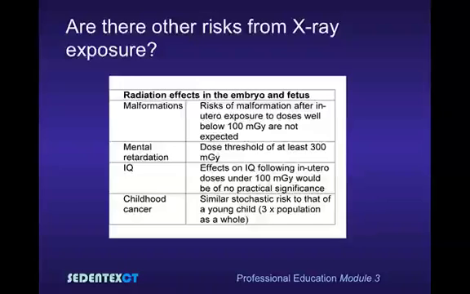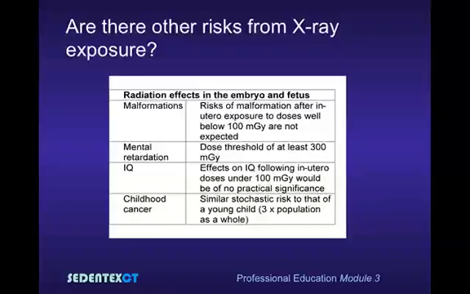Are there other risks from X-ray exposures? We've talked about cancer risks, we talked about deterministic effects. Let's just specify a particular problem that concerns many individuals, and that is X-raying a pregnant woman and the possibility of effects on the embryo and fetus. A number of possible effects are believed to occur if X-ray exposure occurs to the embryo or fetus. Malformations of development may occur, but are not believed to occur below 100 milligray exposures.